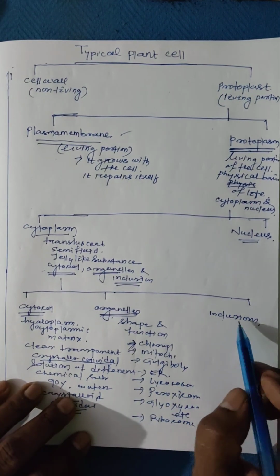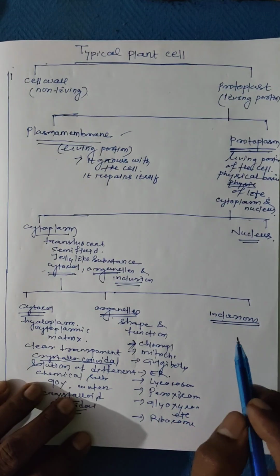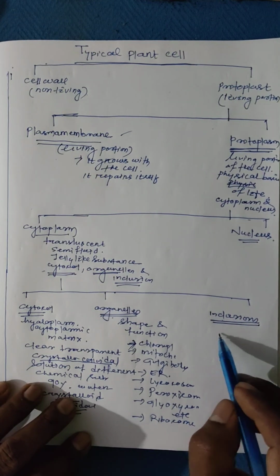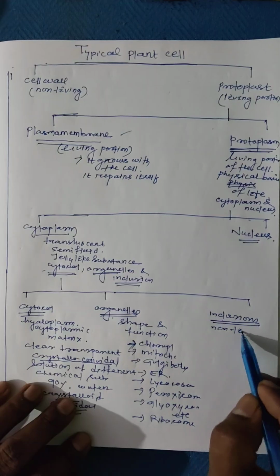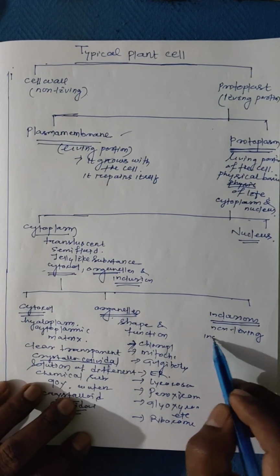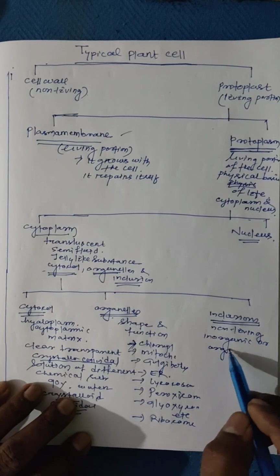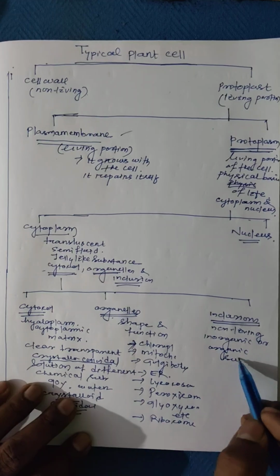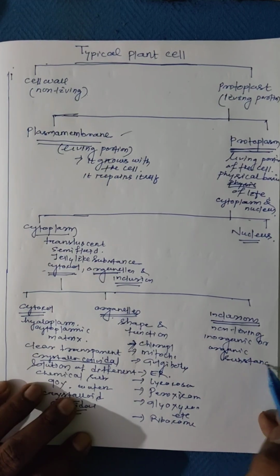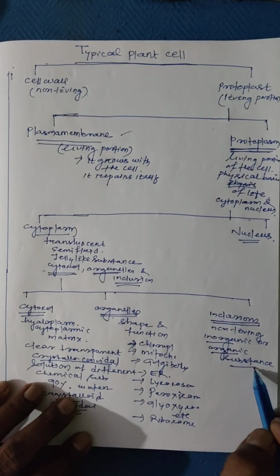And the third component of the cytoplasm is inclusions. Inclusions are non-living, inorganic or organic substances.